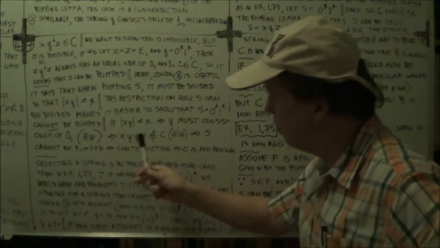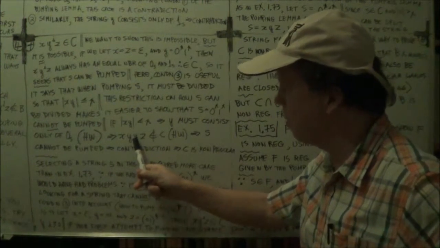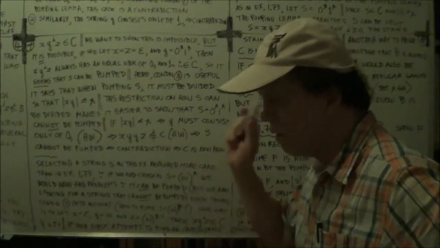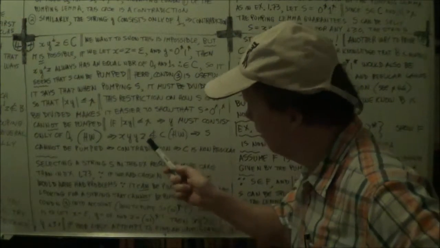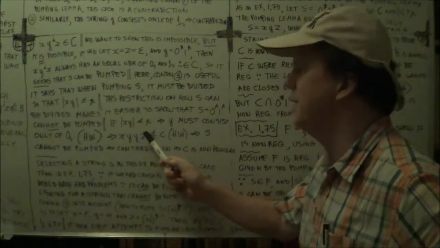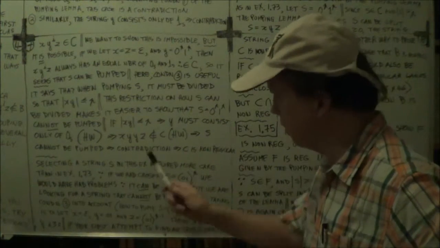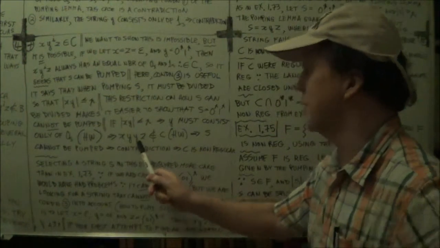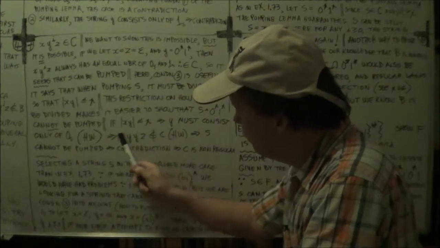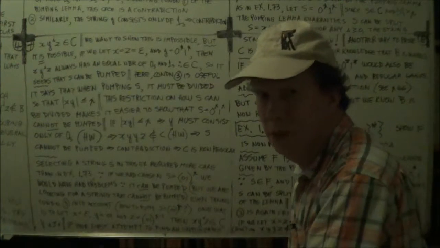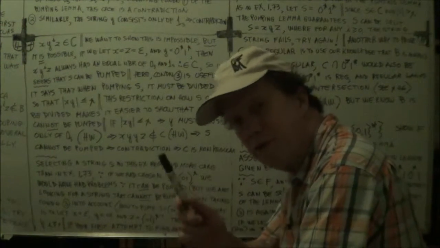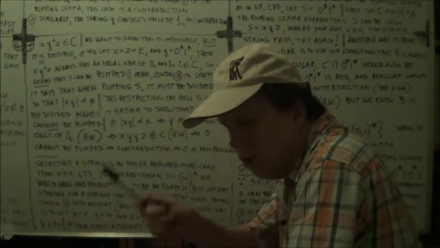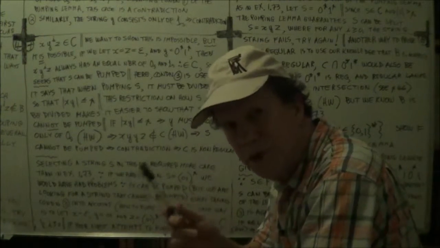But y consists only of zeros. Therefore, and this is pretty obvious, xyyz must have more zeros in it because of the extra zeros you put in due to this y. Okay? So therefore this pumped string cannot belong to big C. Because remember, what is big C? Well, all its strings have an equal number of zeros and ones.